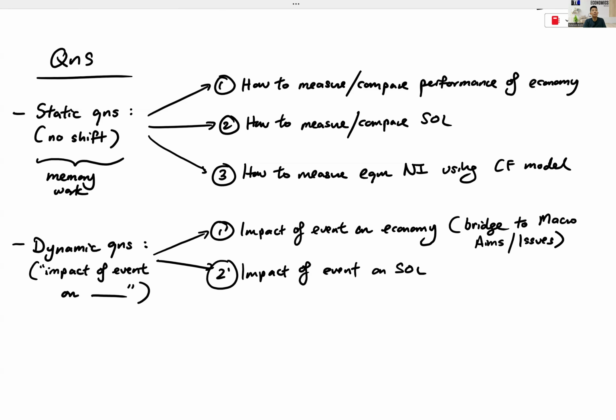How would higher productivity affect living standards? Okay. Then the last one is how to assess the impact of an event on circular flow. Again, this is 3 prime because it's a dynamic version of 3.